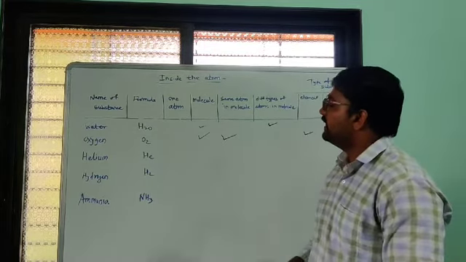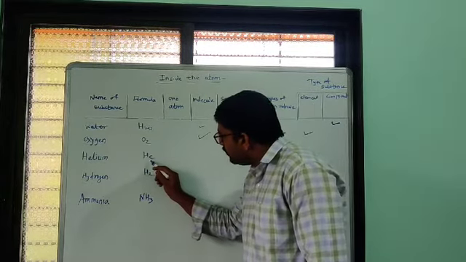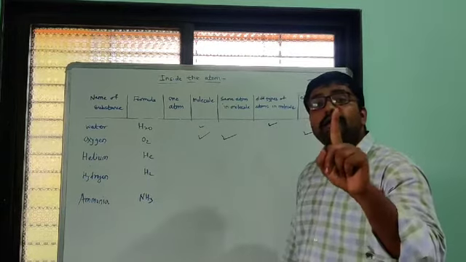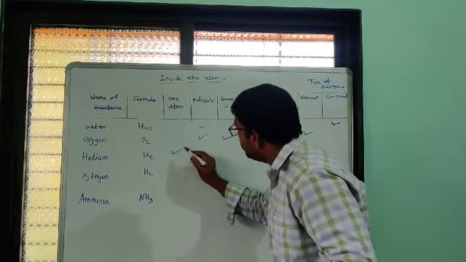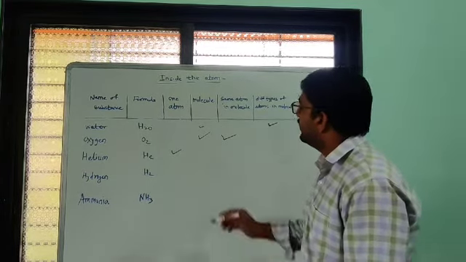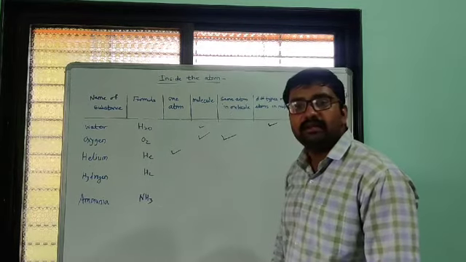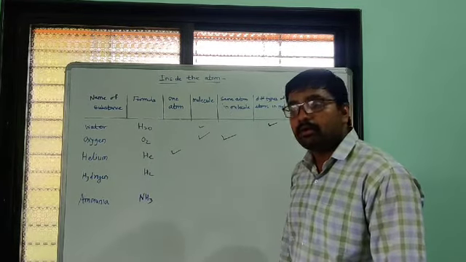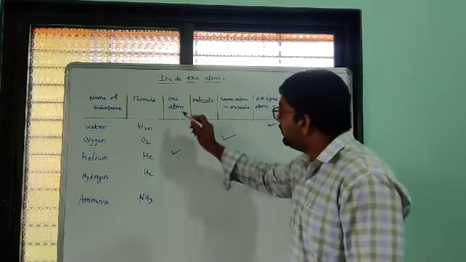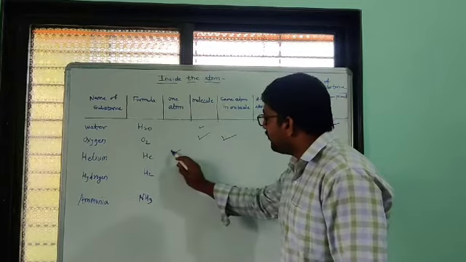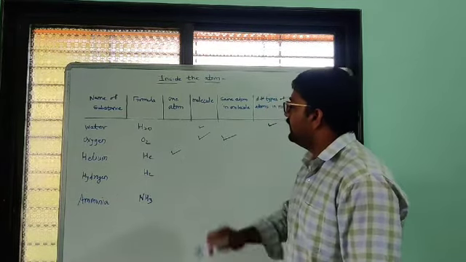Next example is helium. If you see the formula of helium, there is only He, only one atom is present there. So here, yes, only one atom is present. Is it a molecule? No. If two or more atoms are combined with each other, then we call it a molecule. But here only one atom is there, so it is not a molecule, it is only one atom. So we have to tick the column of one atom in front of helium.